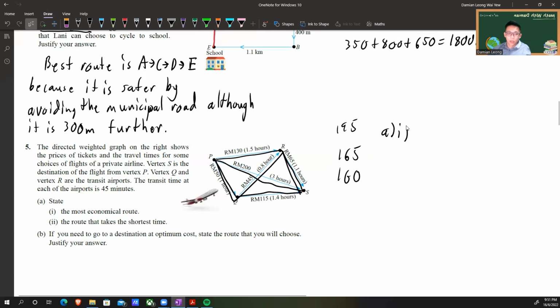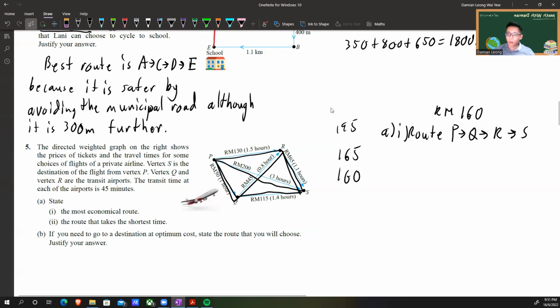A1 would be the route from P to Q to R, then to S, which costs 160 ringgit. Compared to the rest, 165, 195.